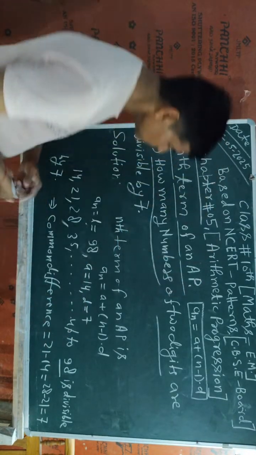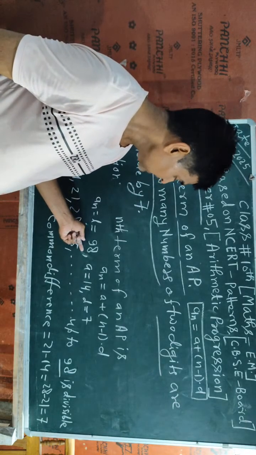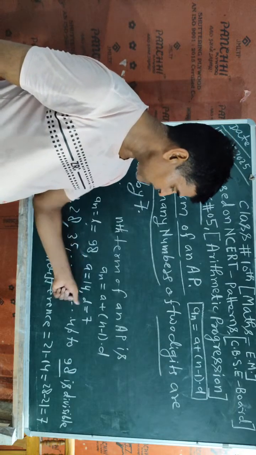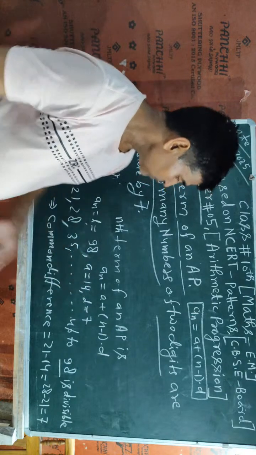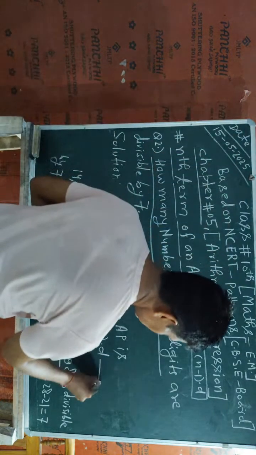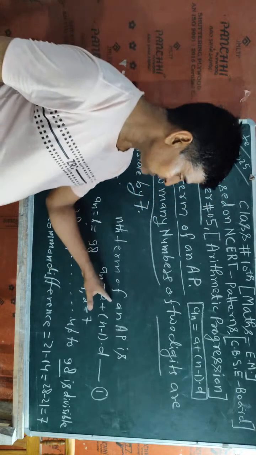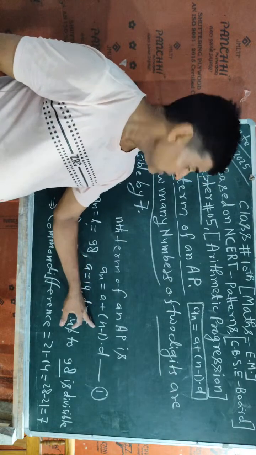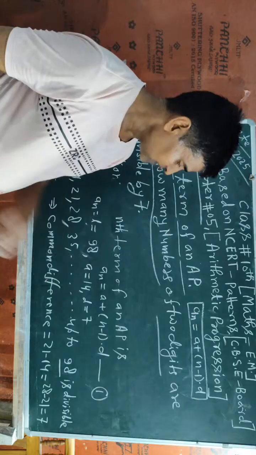So the value of a_n is 98, the value of a is 14, and the value of d is 7. I will say this is equation number 1, and I will put these values in equation number 1, and after putting these values I will get the value of n. So that will be the number of terms.